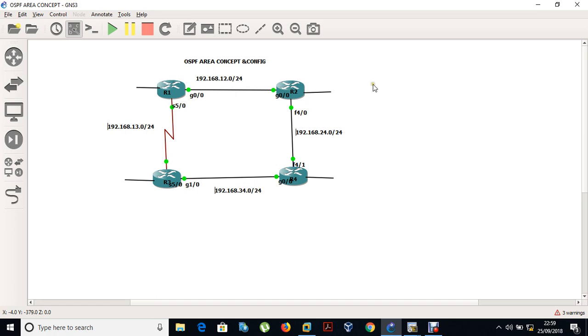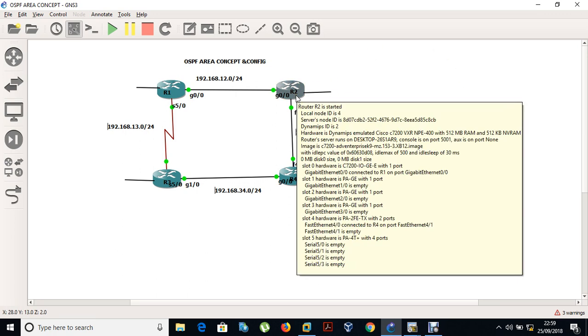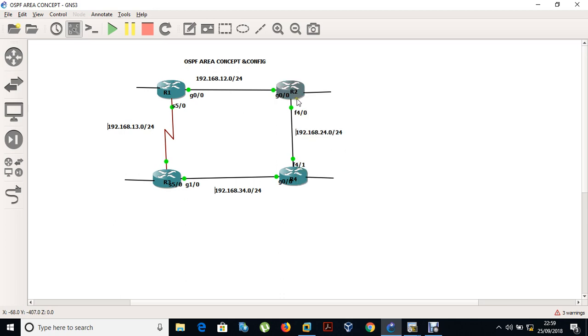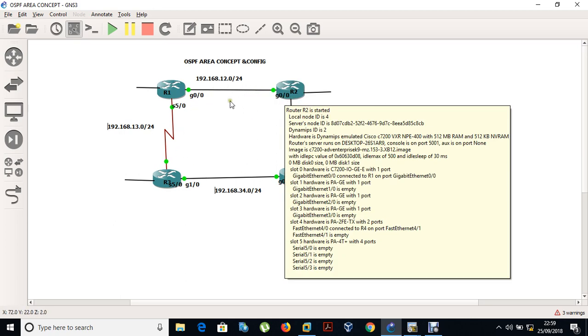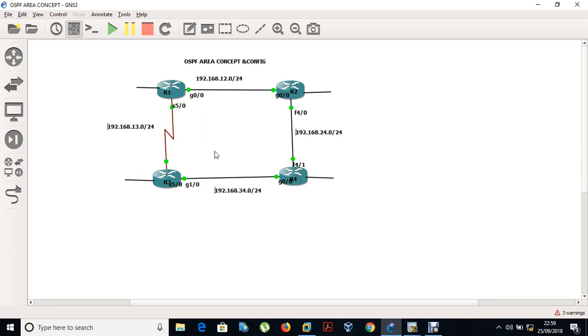If we have an area behind this router, this router becomes an ABR. Because it is connected to area 0 and also to this other area, it has the information for both, since it is in the middle.